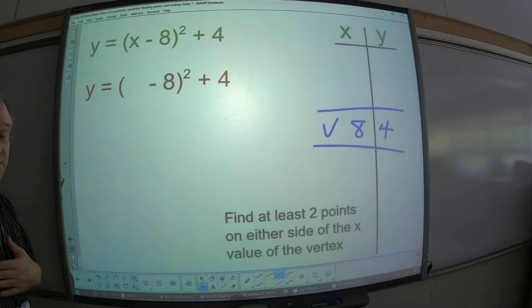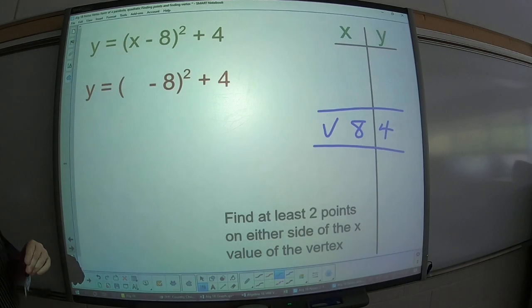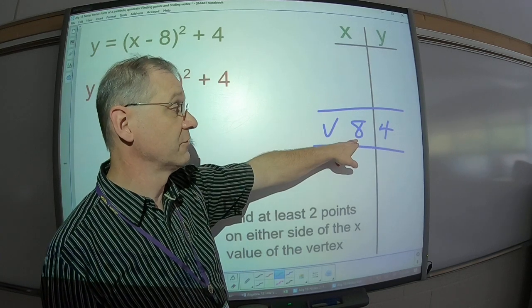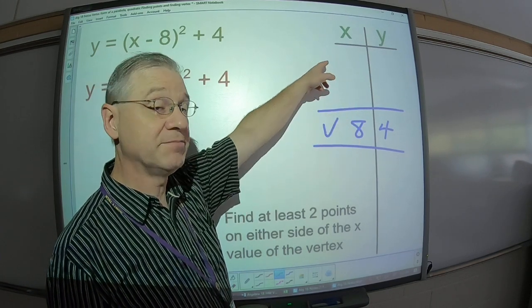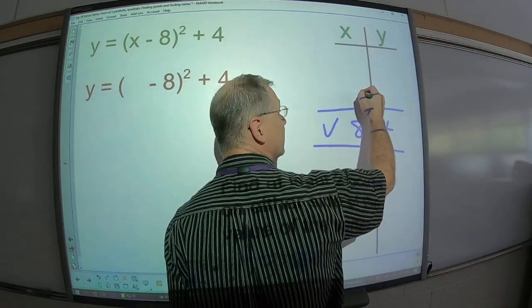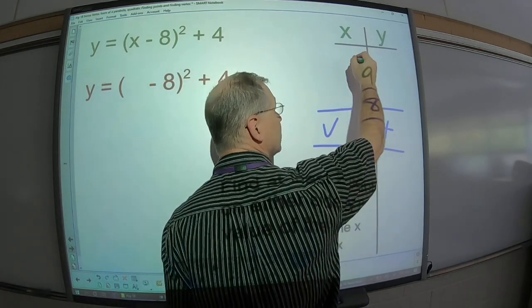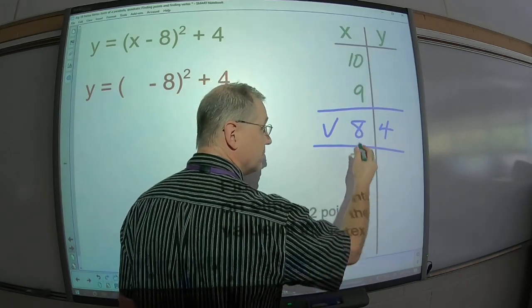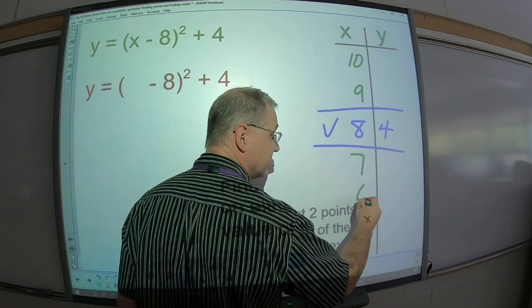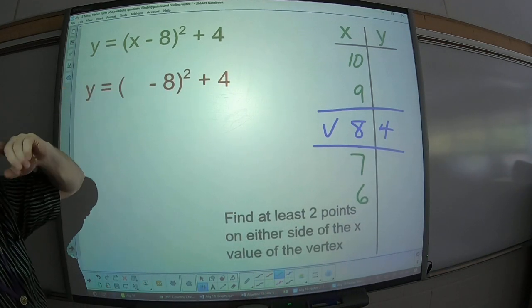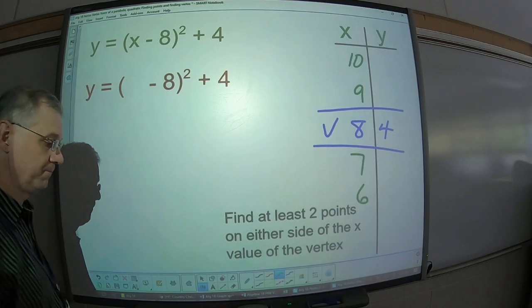What I would usually do is go from this x value on the vertex, up 2 and down 2 from that value. So 8 plus 1 would be 9, plus 2 would be 10. 8 minus 1 is 7, minus 2 is 6. And those are the values I'm going to substitute in for x to solve for y.